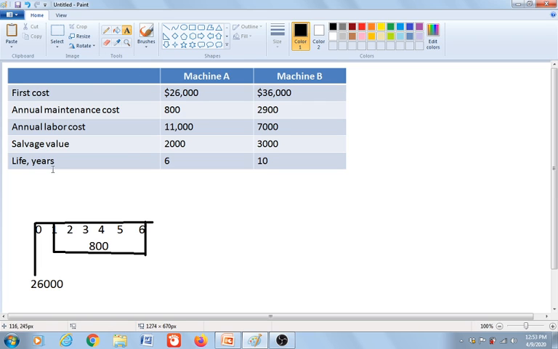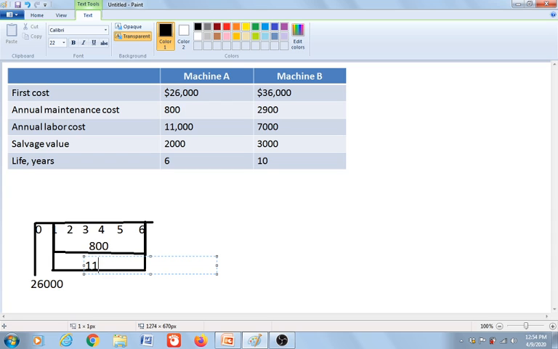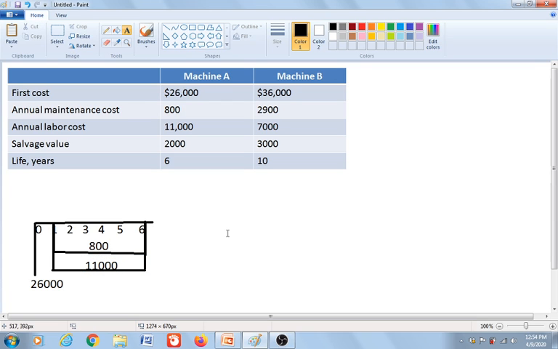So that's the annual cost. So that happens every year. $11,000 for the labor cost, and the salvage value is 2,000.